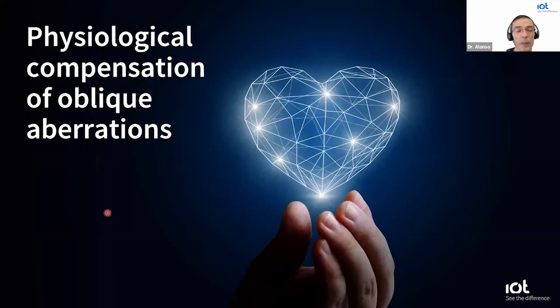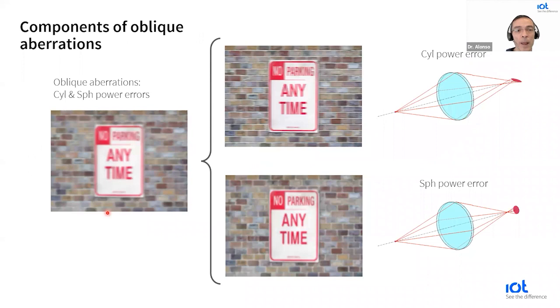Let's see now the physiological compensation of oblique aberrations. There are two main components of oblique aberrations, cylindrical and spherical. The cylindrical power error is characterized by having a blur patch in the retina which is elliptical.